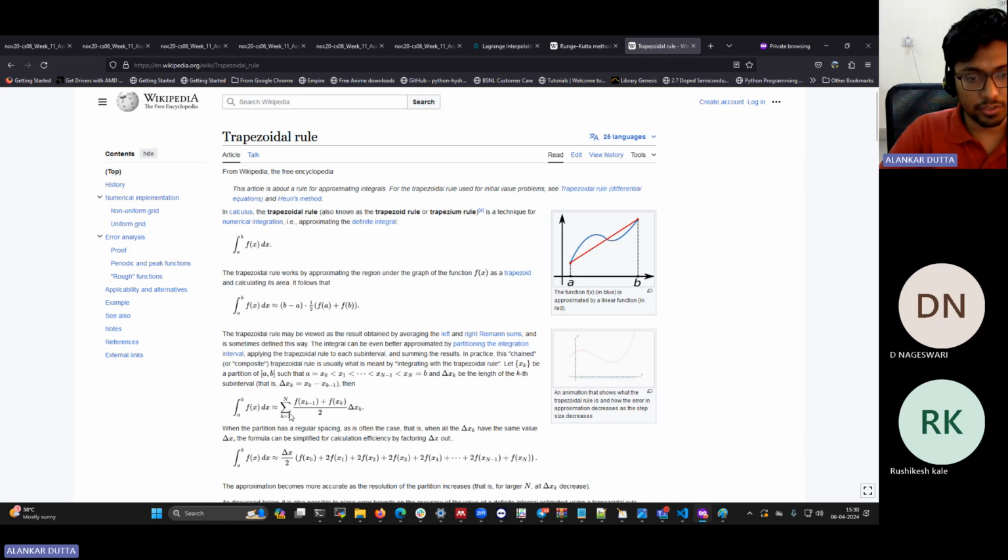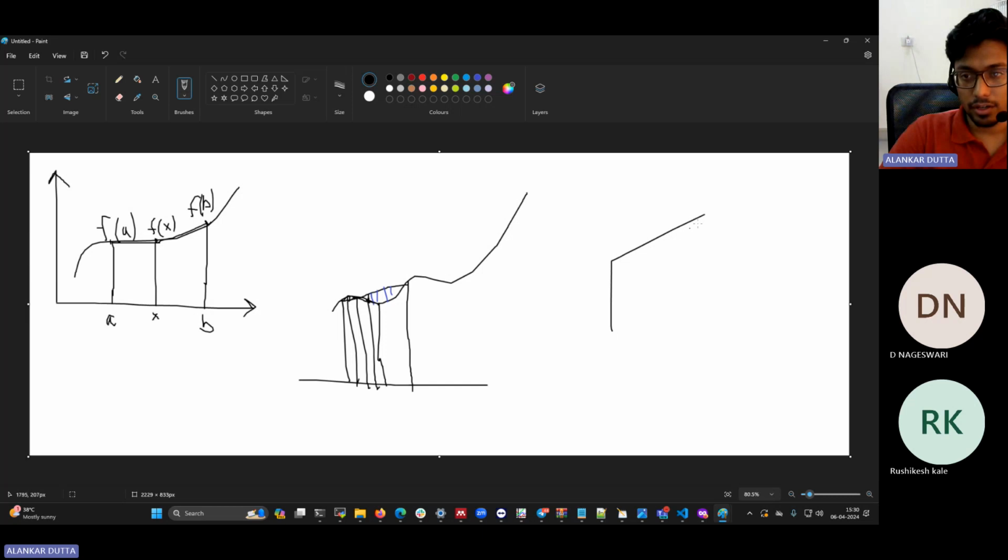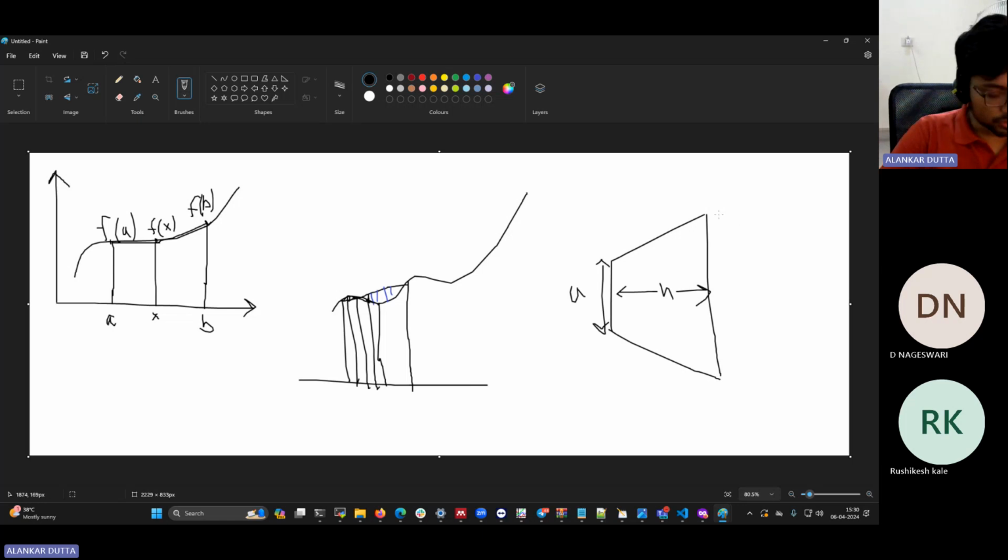And you can represent it as a summation of the areas under these trapeziums. The area of a trapezium is height by 2 times the sum of the parallel sides, right? So imagine that you have a trapezium like this. This value is h, the separation, and let's not write it a, just so I do not have any confusion.